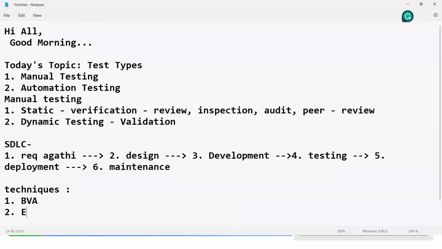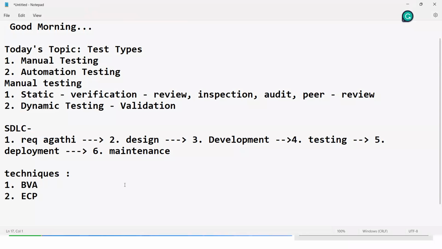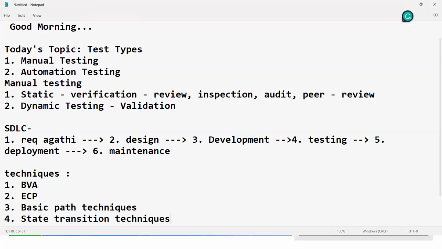The second one is equivalence class partitioning. The third one is basis path technique. And the fourth one is state transition. Certain techniques are applicable for white box testing also.